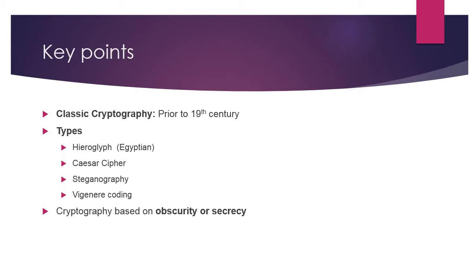So that's an important aspect of classic cryptography that I want you guys to keep in mind: the typical encryption or encoding of a message happens based on obscurity or secrecy.